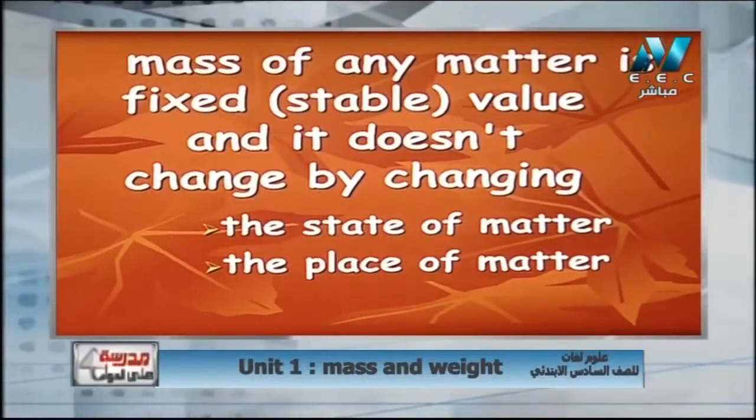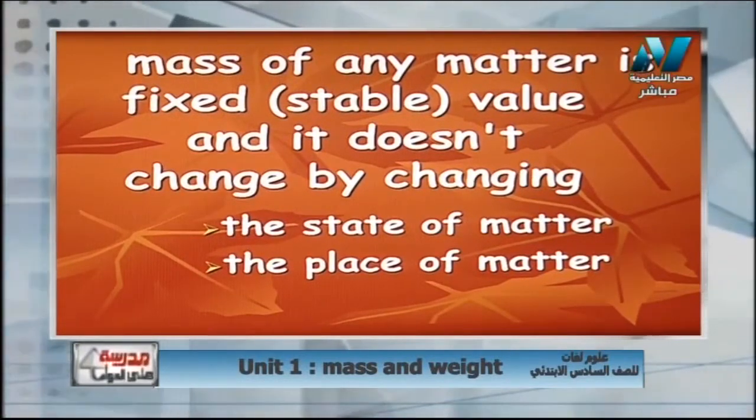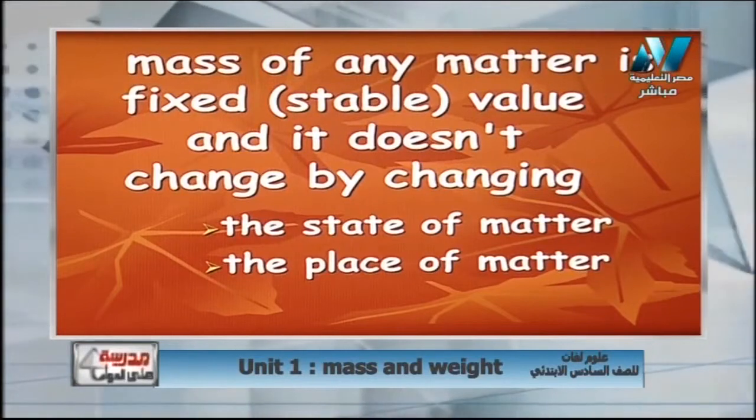If you melt it, if the ice melts and turns to liquid water, it will have the same mass, 30 gram. So mass doesn't change whatever you change the state or the place of matter. So I can say mass is a constant value and it doesn't change by changing the state of matter or the place of matter.